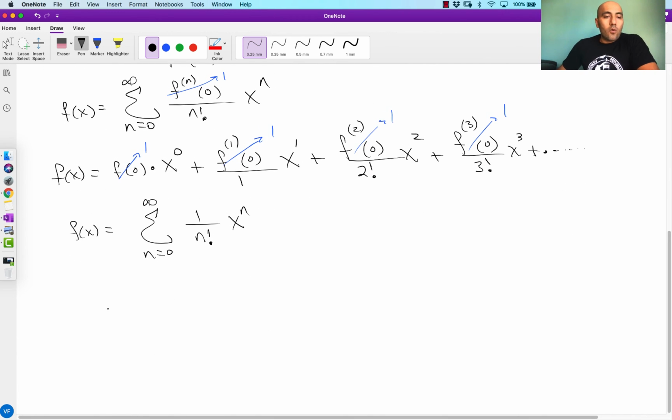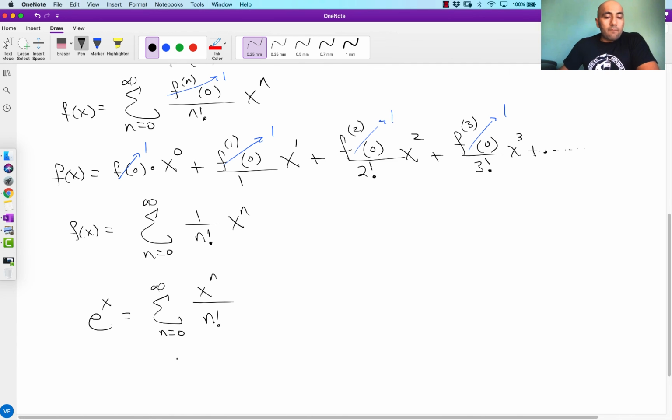Good. Or combining it, we know that we were working with e to the x. So we're saying e to the x is equal to the sum as n goes from 0 to infinity of x to the n divided by n factorial.